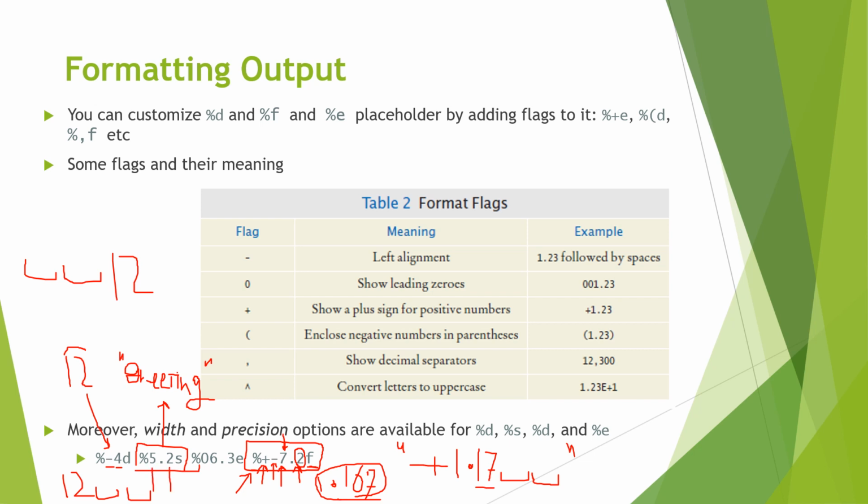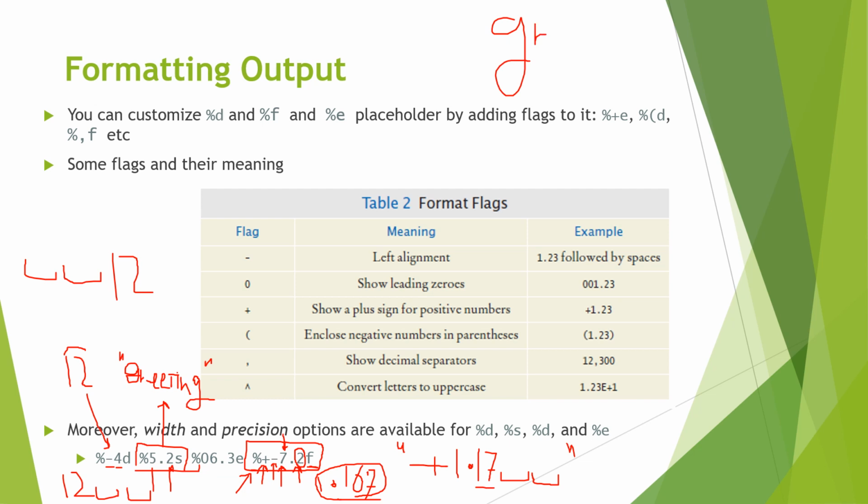The precision option basically will truncate the string and it only keeps the first 2 characters. So I will only have GR from greetings.